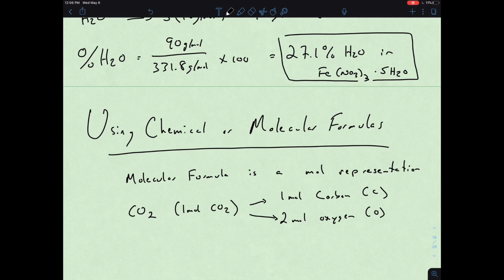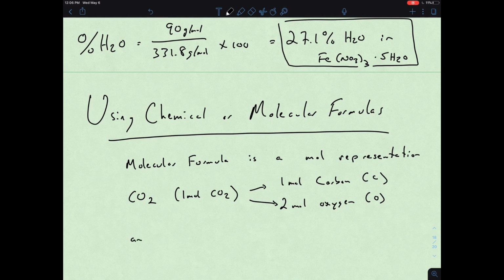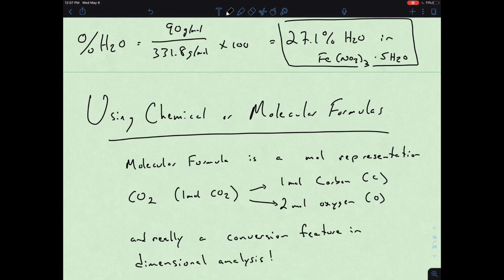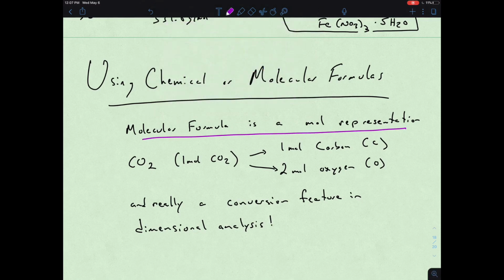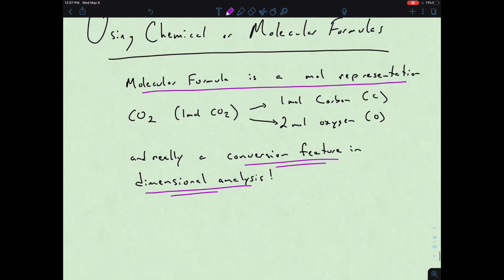So this molecular form is a mole representation, and really a conversion feature in our dimensional analysis. That's the big deal we have to understand: this mole representation is a conversion feature for us in terms of how we can go from one thing to another in dimensional analysis.